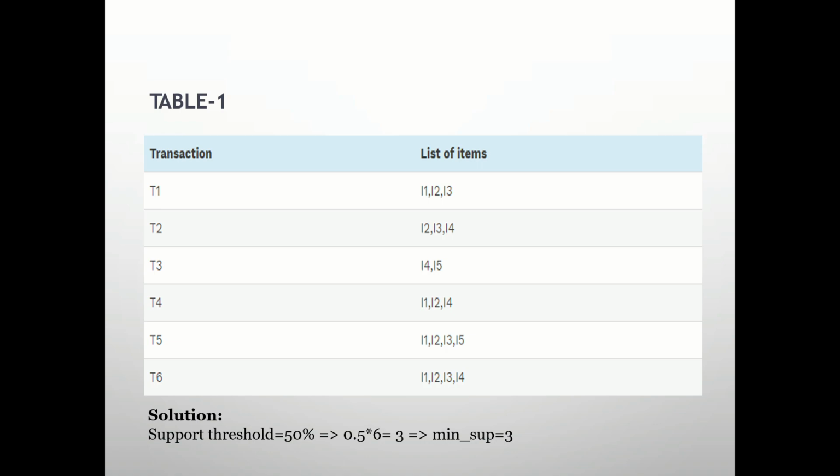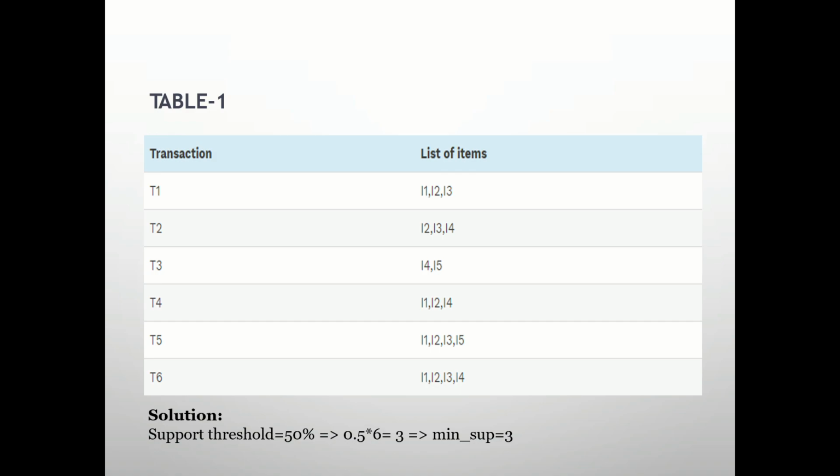Okay, this is an example of the Apriori algorithm. This is the transaction table. T1 means a transaction, the customer transaction ID number, with a list of items. Items could be bread, jam, and so on, a list of items. This customer purchased these items.